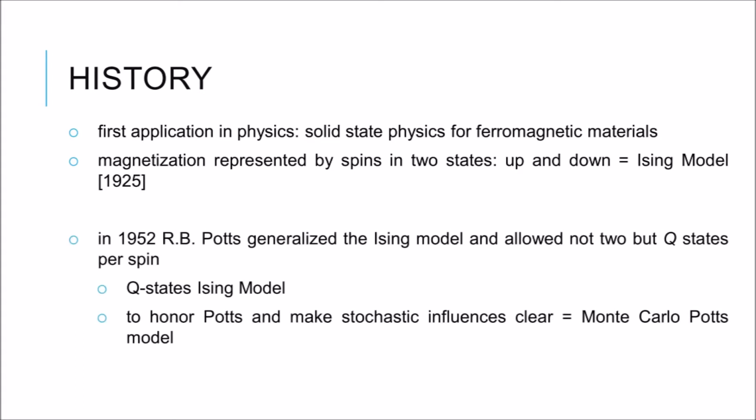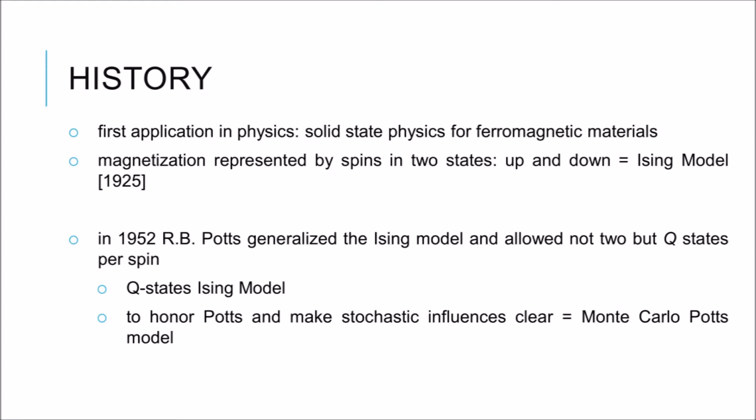More than 25 years later, Potts generalized this Ising model and allowed not just the two states up and down, but Q states per spin, basically representing the local crystallographic orientation of a grain. Hence, this model is basically a Q-states Ising model.